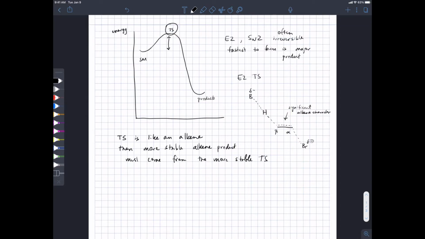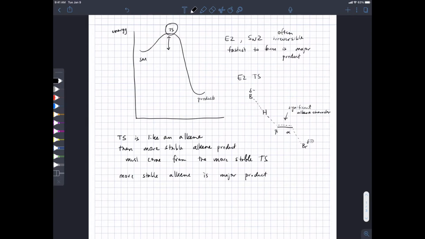So we can tie the stability of the product with the stability of the alkene character in the transition state. And therefore, the more stable alkene is the major product. Okay.